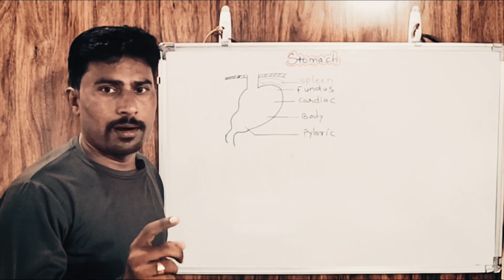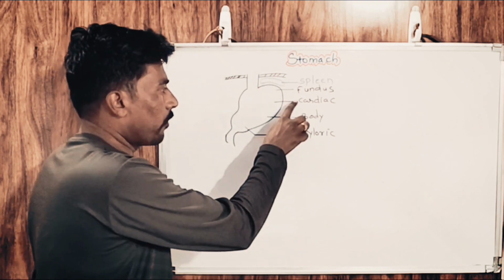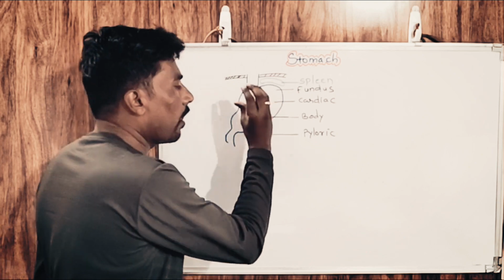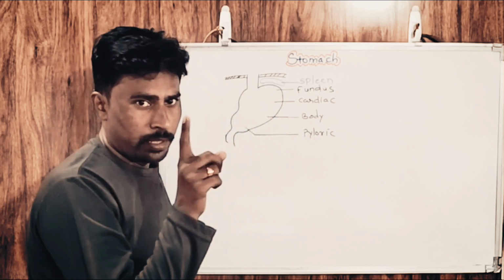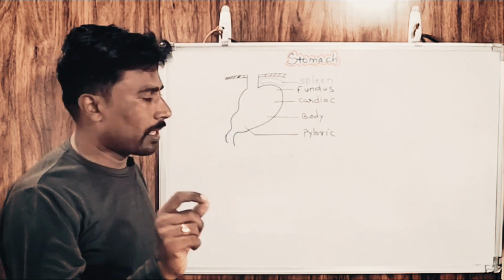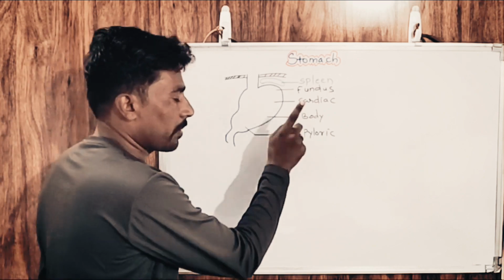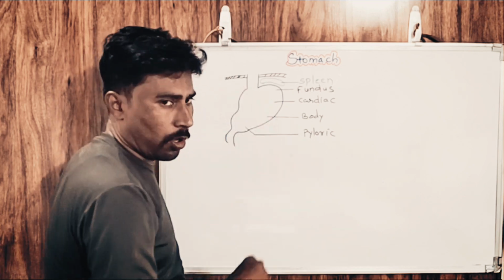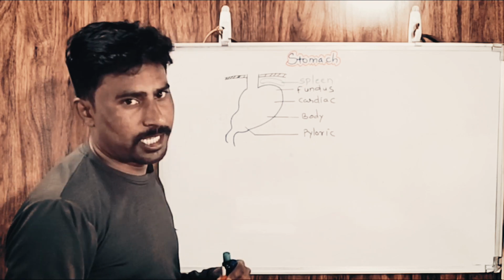Just based on its structure we have given the name fundus. Next to that, the cardiac is nearer to the heart, and the main or central part of the stomach is the body. Remember, they may ask you this question, even in the NCERT that point is mentioned. It is the main part of the stomach. Body is the main part. Next to that, here we have the pyloric. Okay, you should remember these parts.